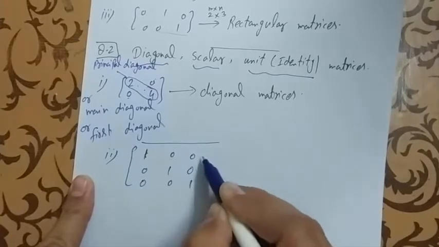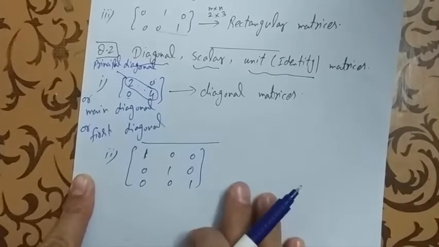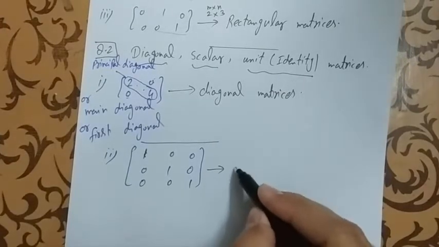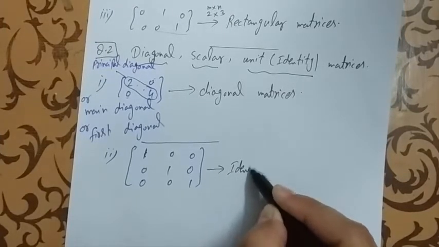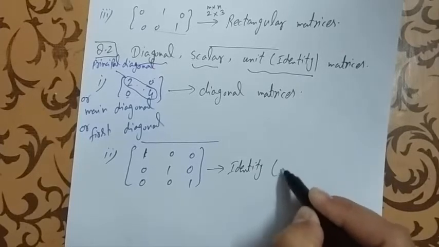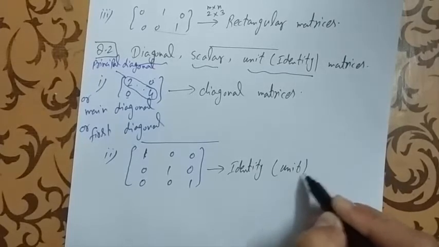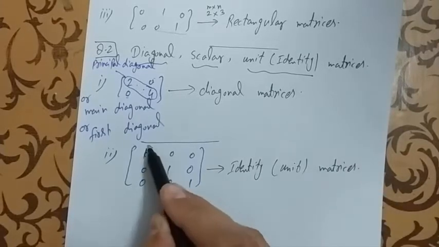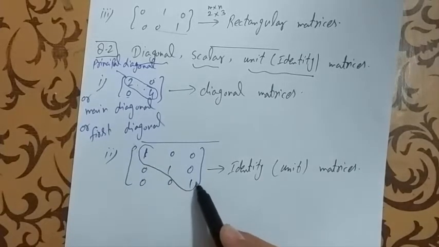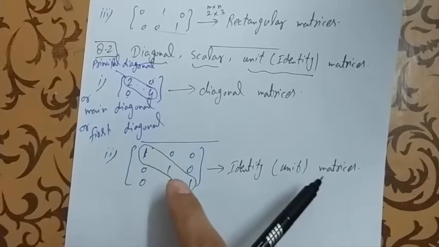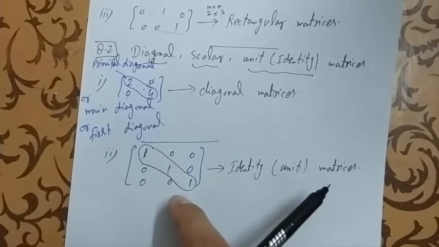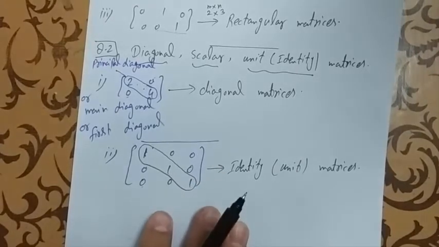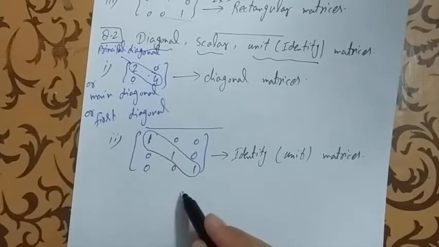This is an identity or unit matrix, because, students, you know, if in the main diagonal all the entries are 1, but other than the main diagonal all the entries are 0, then it is an identity or unit matrix.